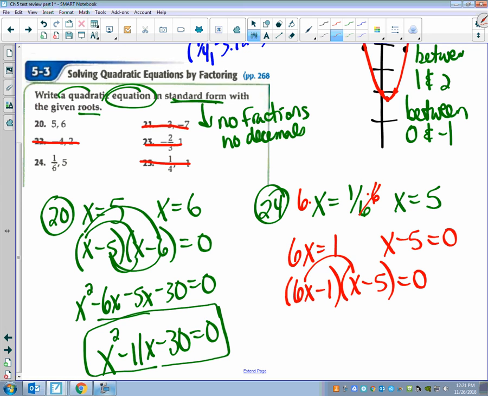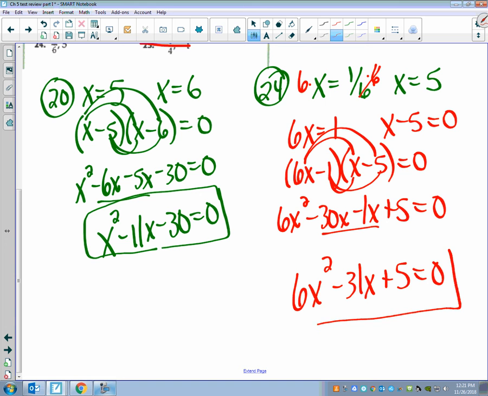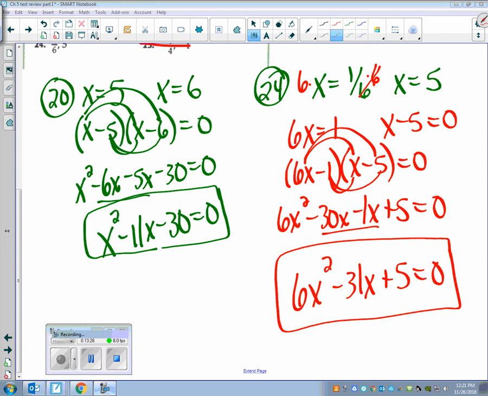Then you multiply that out, so you get 6x squared minus 30x minus 1x plus 5. And just like the other one, you can combine the middle terms. So you get 6x squared minus 31x plus 5 equals 0. That equation has the solutions 1/6 and 5. So 100% you're going to see a question like that.